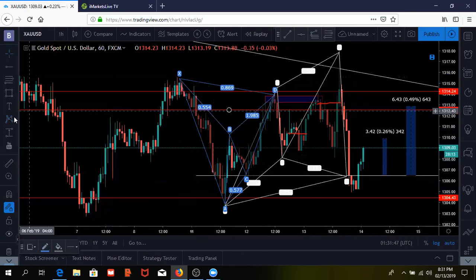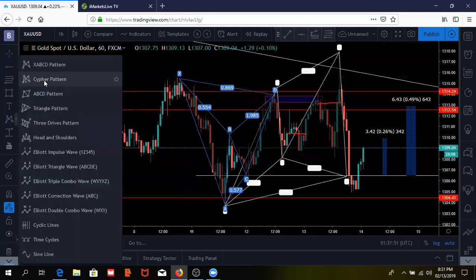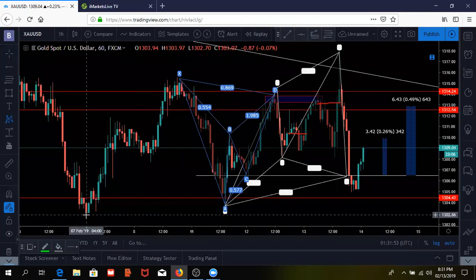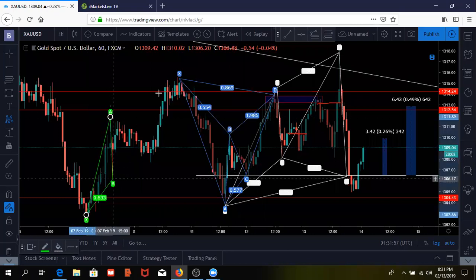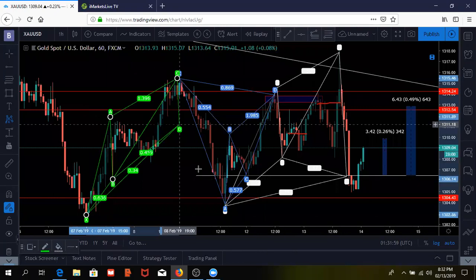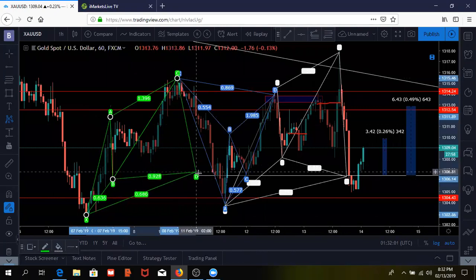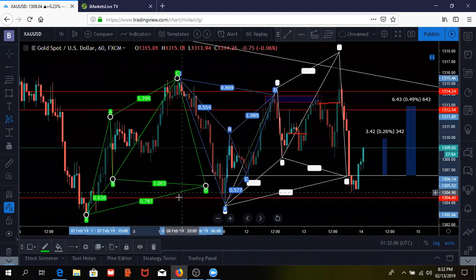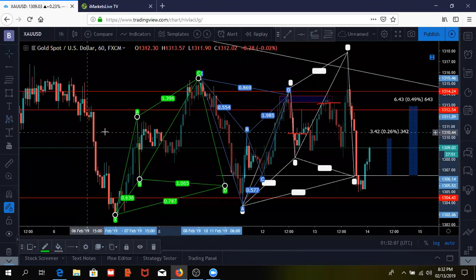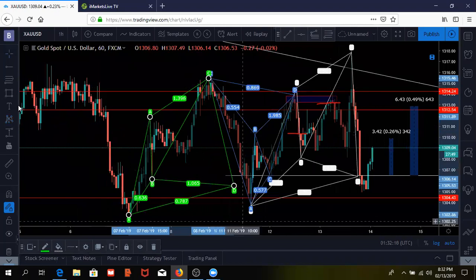Hold on, let me do this. Let me grab the other tool. X to A to B, B to C, C to D, at that 78.6. Bam, right there. And then, watch this, we got one more pattern.